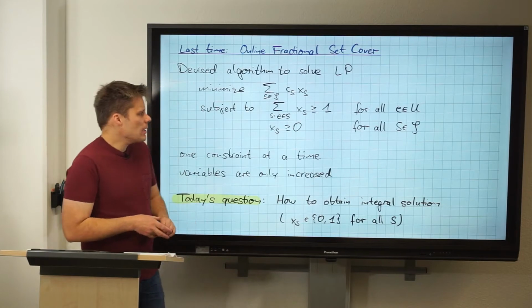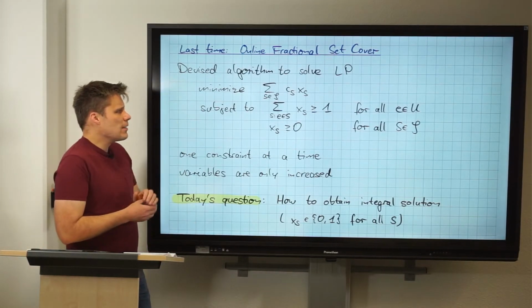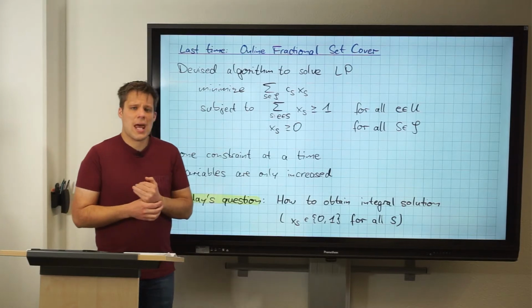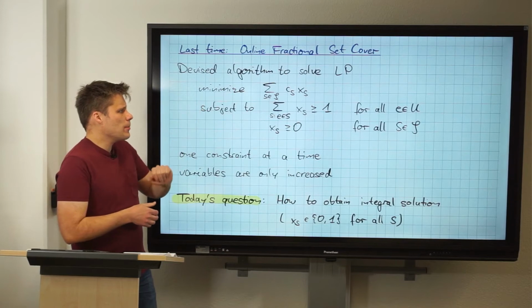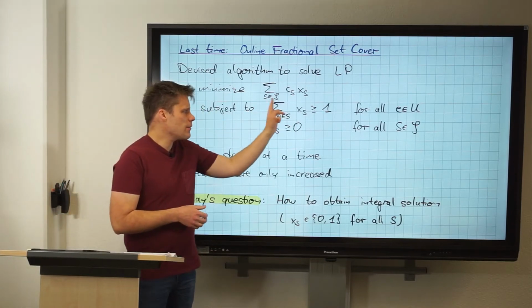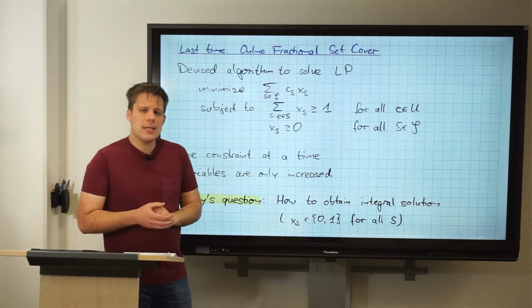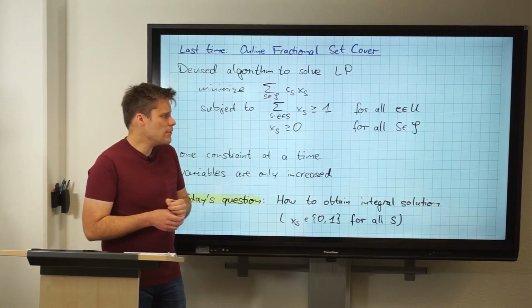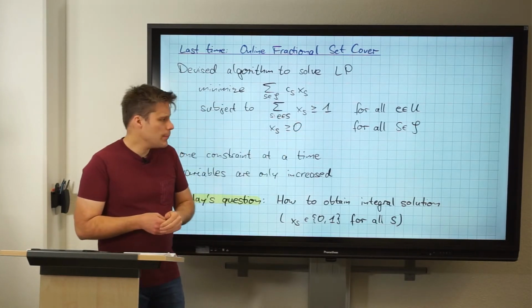Before we do this, let's once again recap where we stand. We devised algorithms to solve such LPs online, where we want to minimize the cost of our cover, subject to the constraint that each element in our universe is covered by at least one.